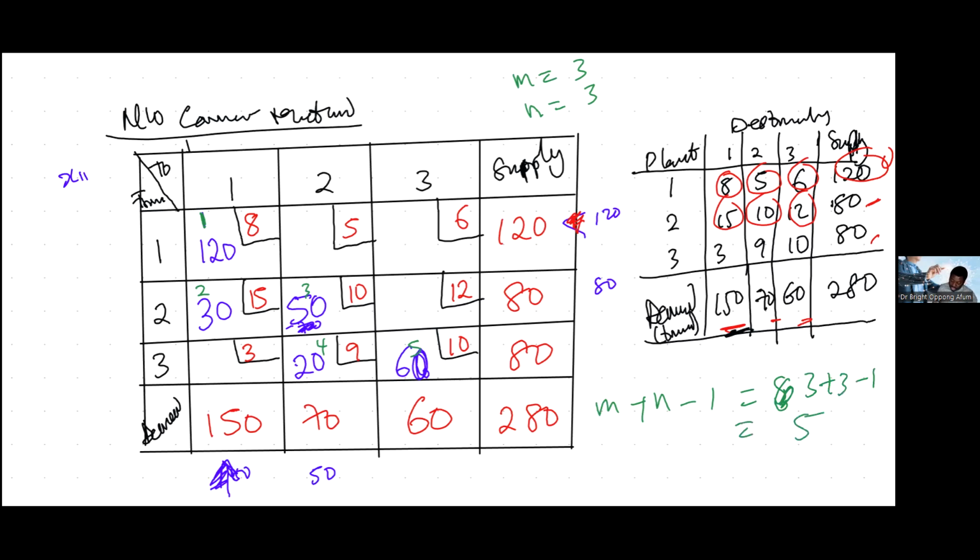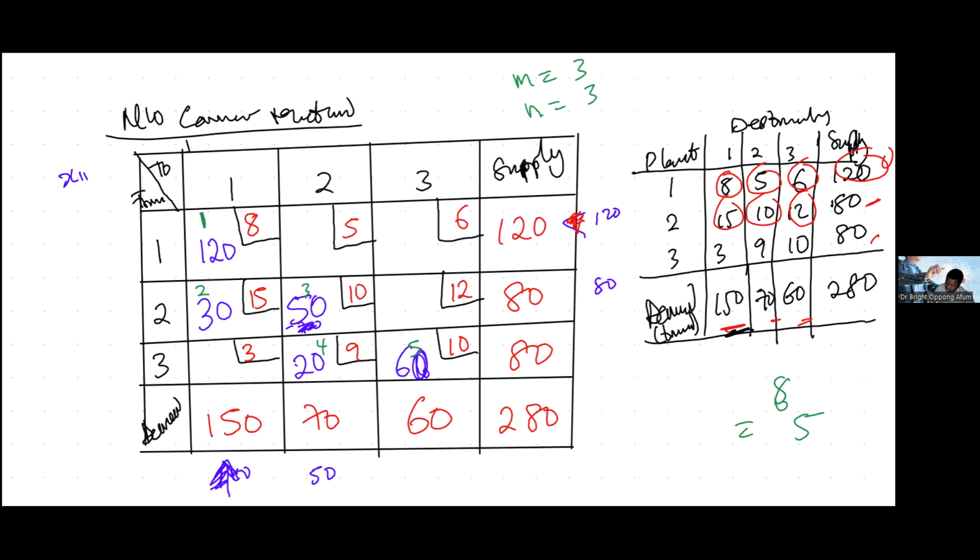Now how many cells have been allocated here? We have 5. So that means that we have satisfied the M plus N minus 1 condition.